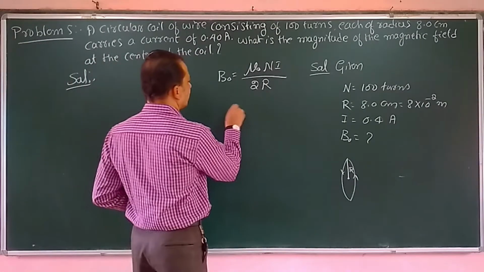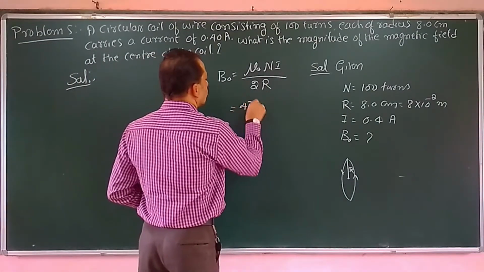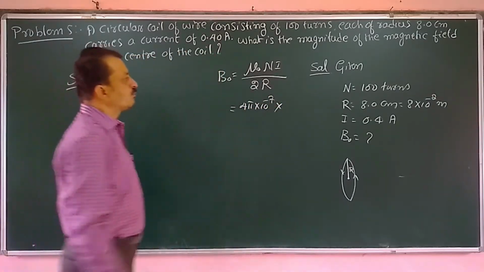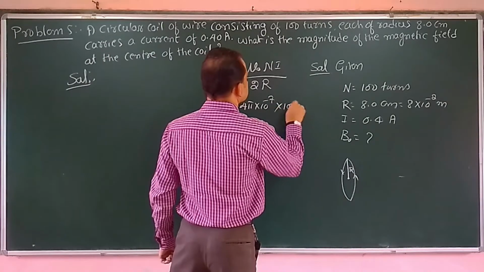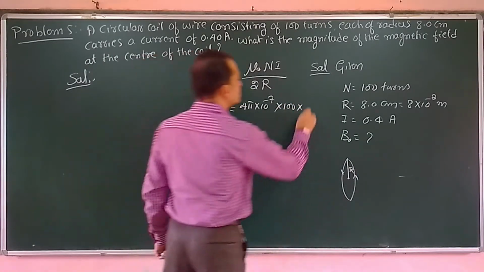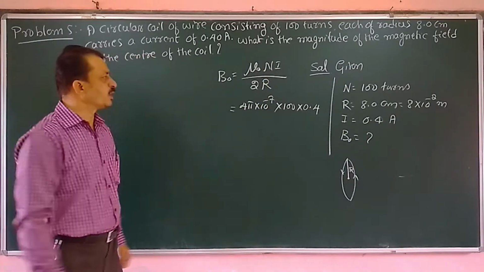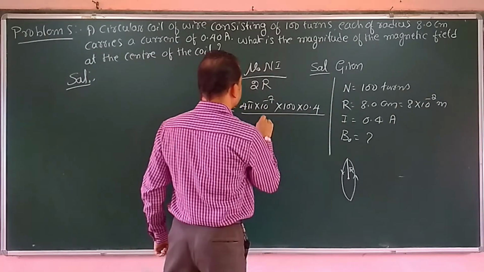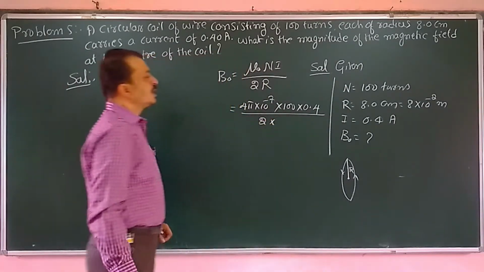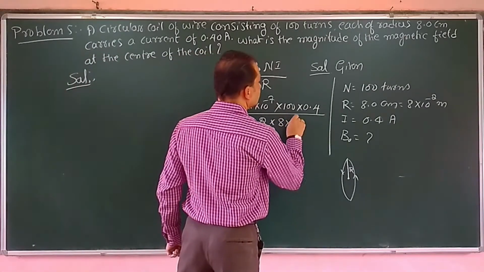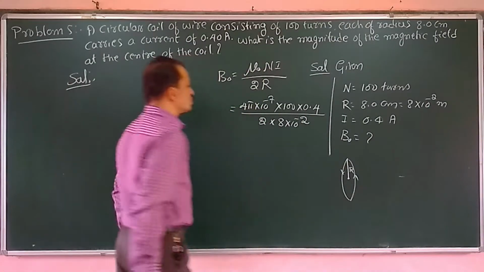Just substitute and simplify. That is 4 pi into 10 raised to minus 7, number of turns 100, and the current flowing is 0.4 amps, divided by 2 into radius. So radius is 8 centimeter, that is 8 into 10 raised to minus 2.